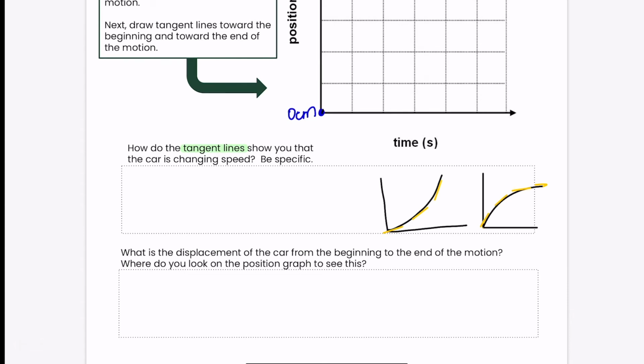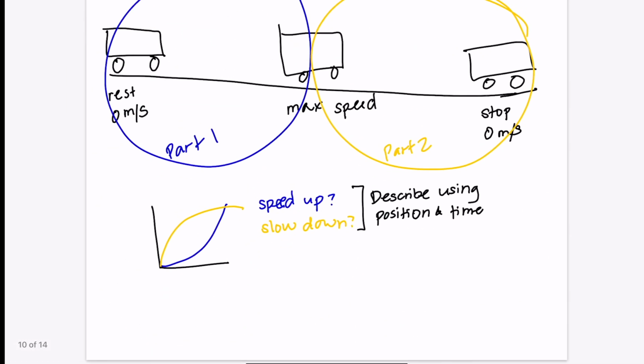And so the displacement of the car on a position time graph is going to be final position minus initial position. And that is on a position graph.